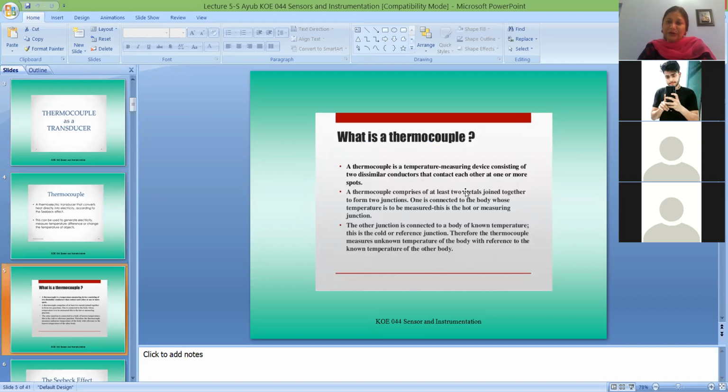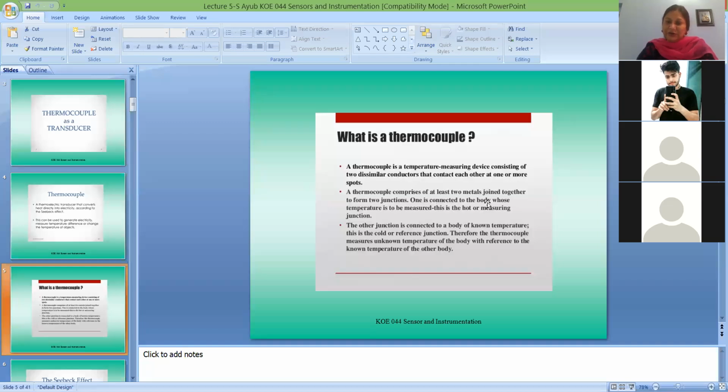Now, what is a thermocouple? Here we will be using it as a temperature transducer. It is a temperature measuring device consisting of two dissimilar conductors that contact each other at one or more spots. A thermocouple comprises at least two metals joined together to form two junctions.